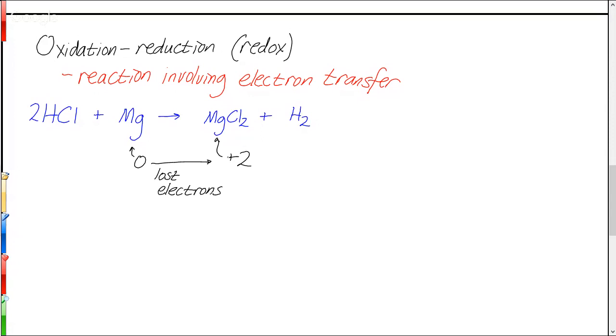Losing electrons is called oxidation, and that's an example of a redox reaction, or an oxidation reduction reaction. So let's define those terms here. Oxidation is when you lose electrons.